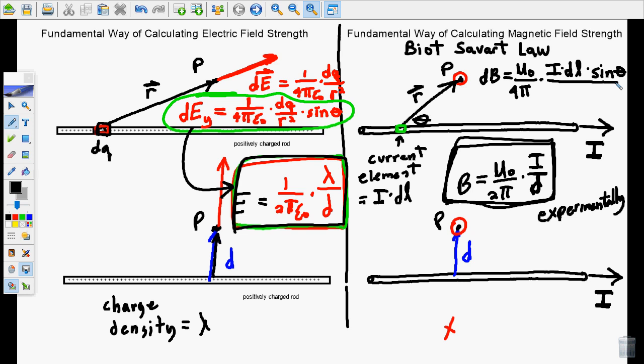Anyone want to read your physics teacher's mind? R squared. It did obey an inverse square law.